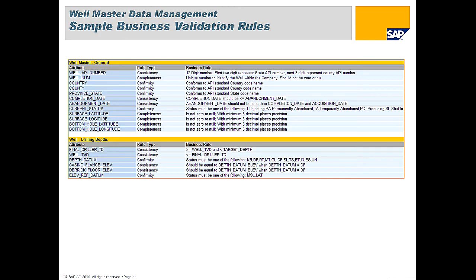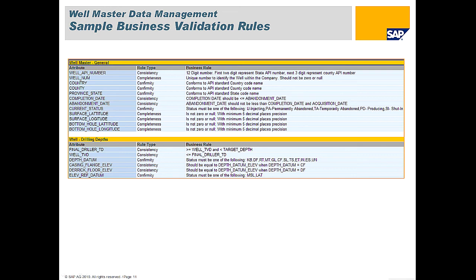Here is a sample list. We have business rules, as I said, about 250, checking the consistency of the data, conformity, completeness, the 6 different dimensions of data quality.